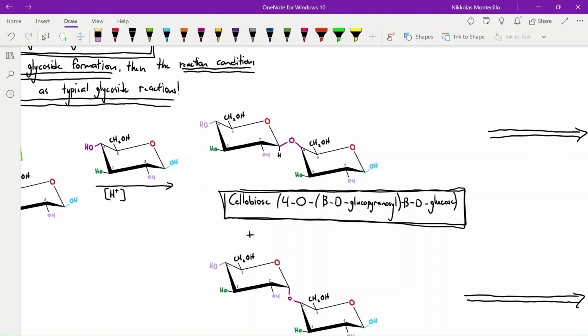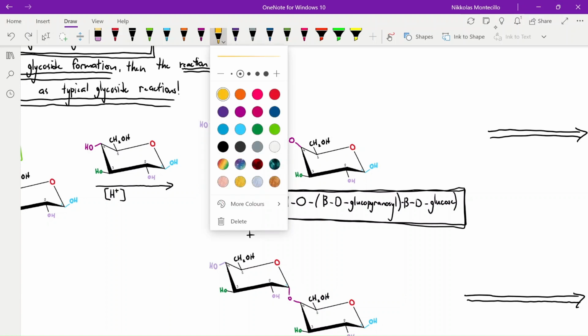So we can see here that beta refers to the fact that both the substituent for carbon 1 and the substituent for carbon 5 are on the same side of the ring, right? That's just what this indicates. Okay, let's keep this substantial difference in mind, because there's a very subtle difference in the name that you'll see with maltose.